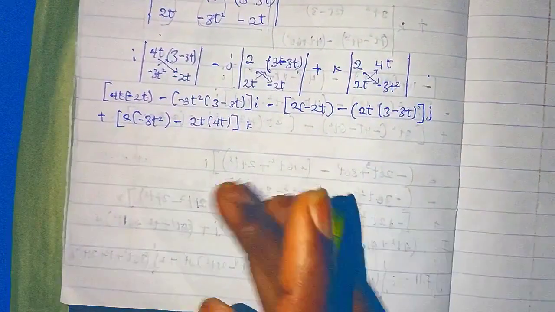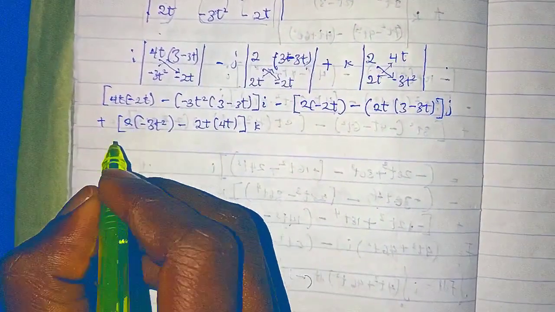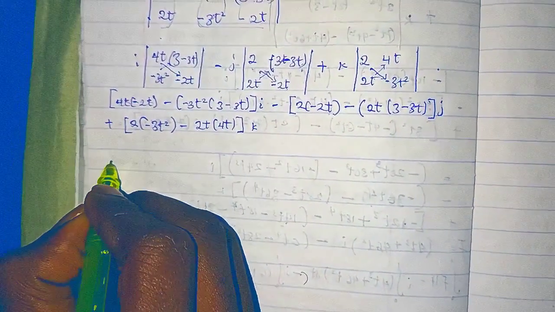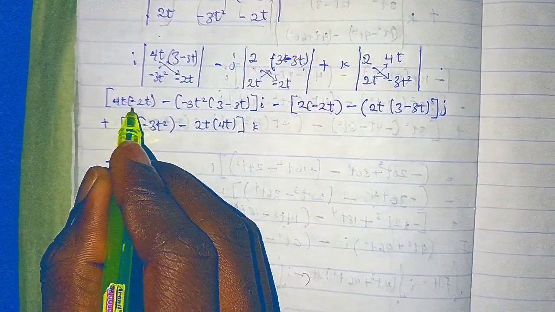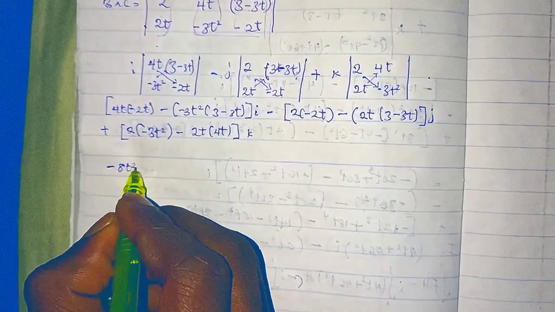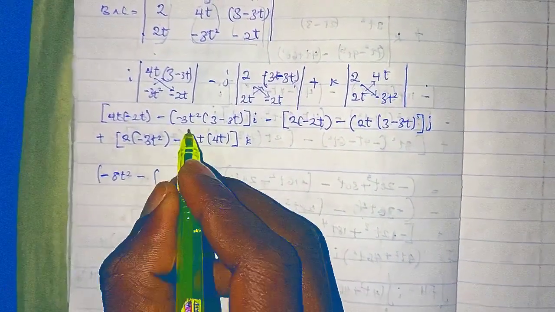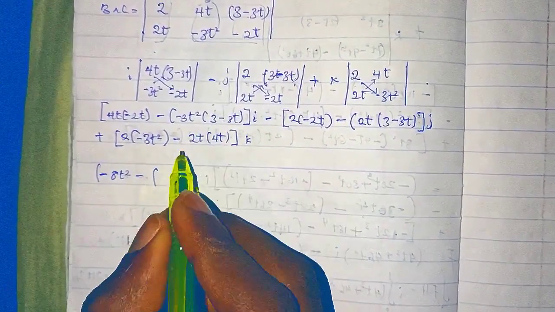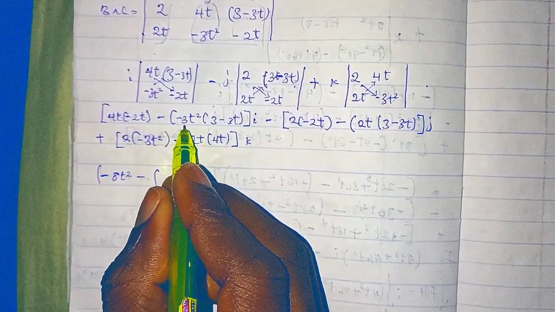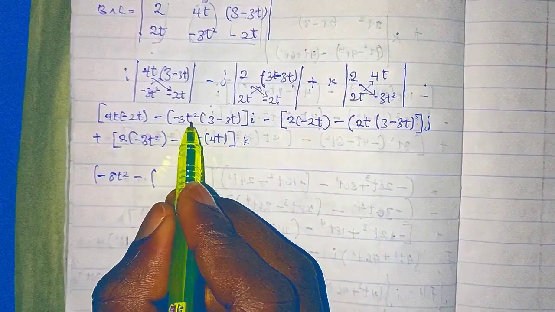Now we'll expand for i. What do we have? This is minus, so 4t into minus 2t will give us minus 8t squared, minus. Now let's be done with the bracket.